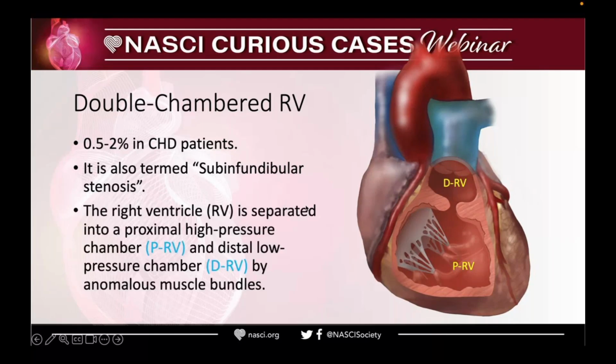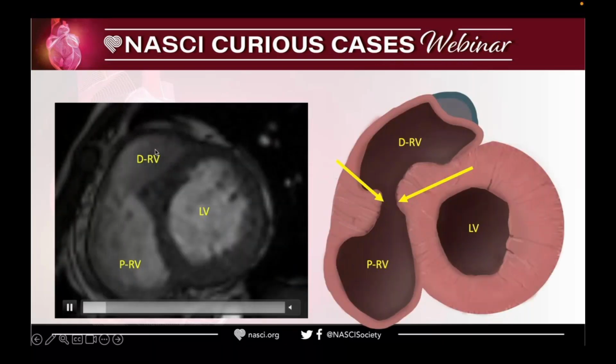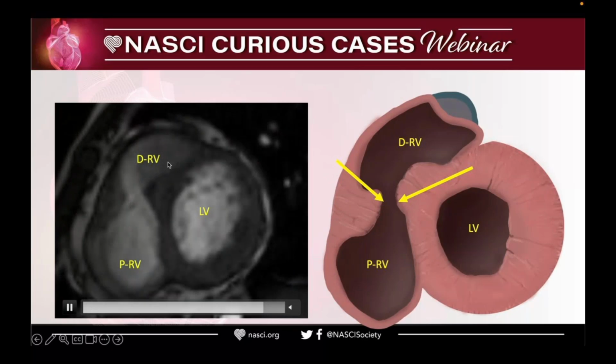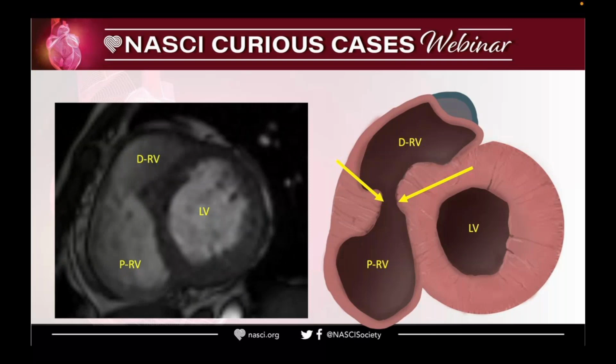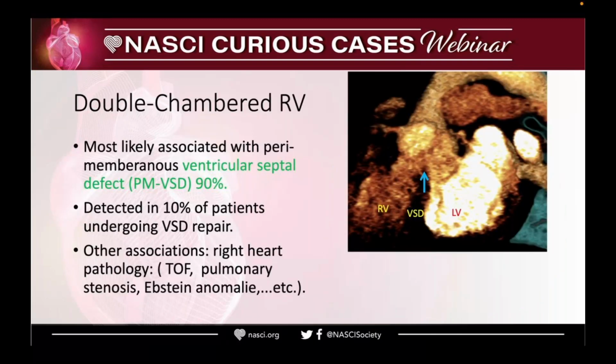And it is that ring of tissue where we saw the flow acceleration because of that narrowing. And this is another view of it, on the short axis view, showing that ring of tissue and the flow acceleration. It's commonly associated with perimembranous VSD.